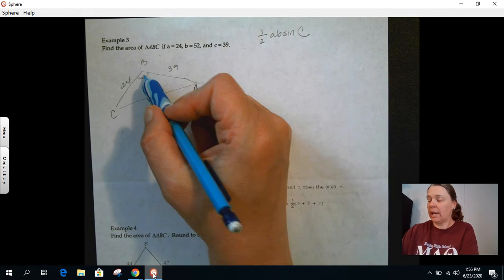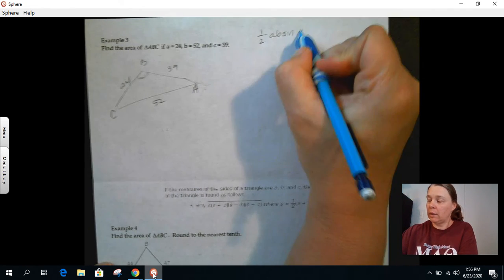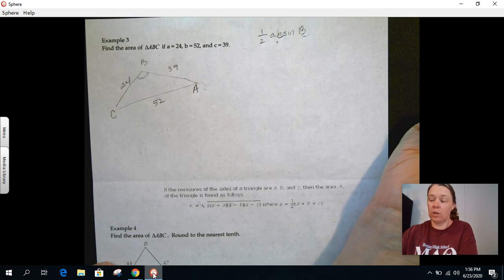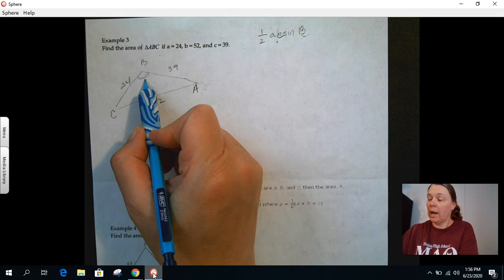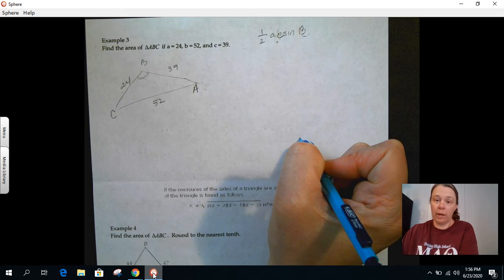If I'm using this angle, it's really angle B, and these are sides A and C. So one way is to find this angle using the law of cosines like we just talked about, then plug in these two sides and that angle, and I could get my area that way.